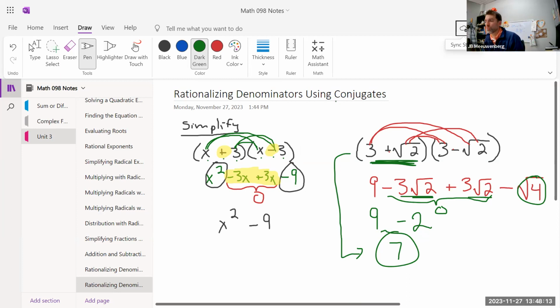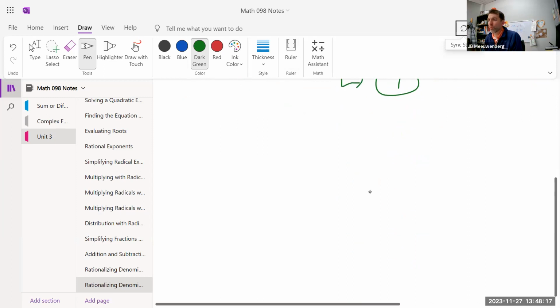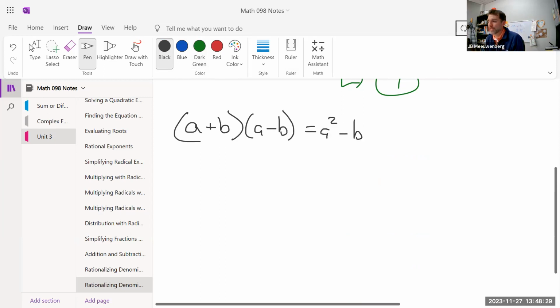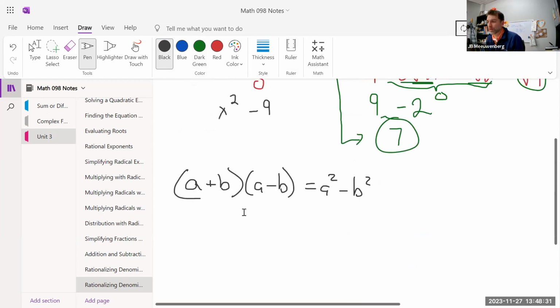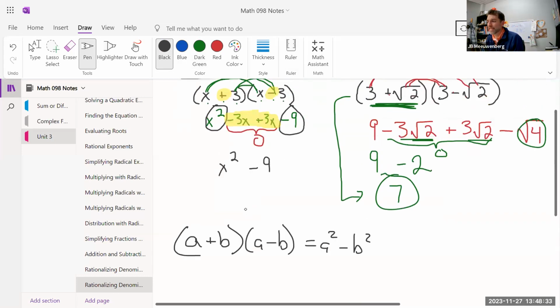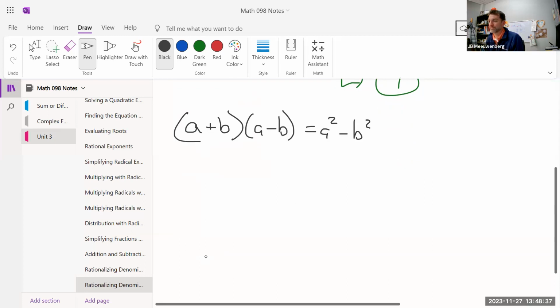So before we do that, let's just review what a conjugate is. What we just saw were conjugates. A plus B times A minus B is equal to A squared minus B squared, a difference of squares, right? That's what happened here. These are conjugates.